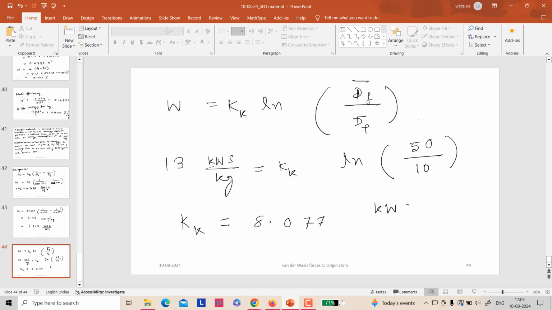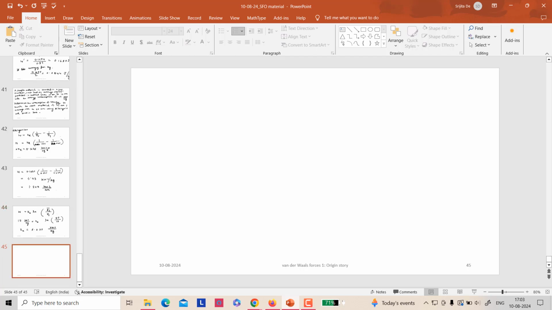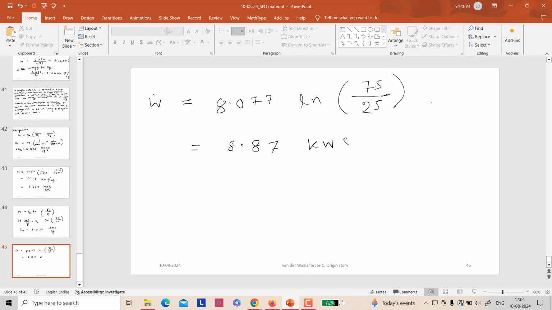kilowatt second per kg. In the next half of the question, we have to calculate the energy consumption. Kk is 8.077 kilowatt second per kg, and ln will be 75 millimeter by 25 millimeter, and it will lead to 8.87 kilowatt second per kg.